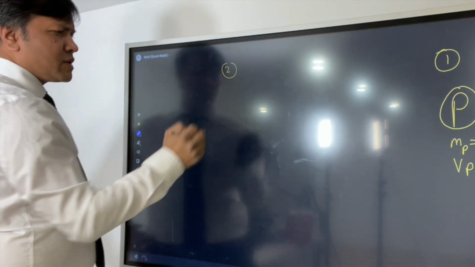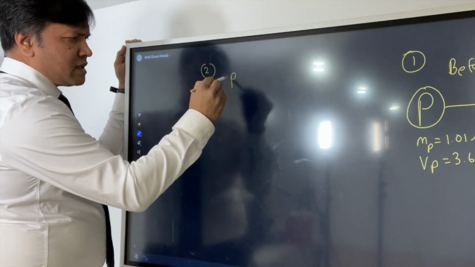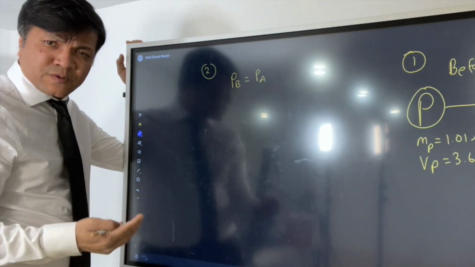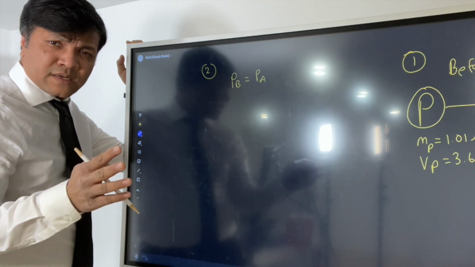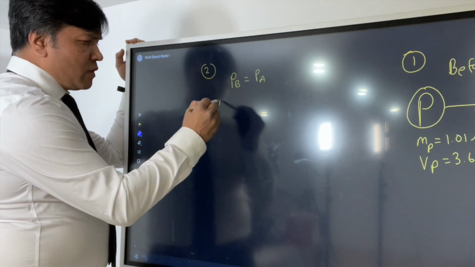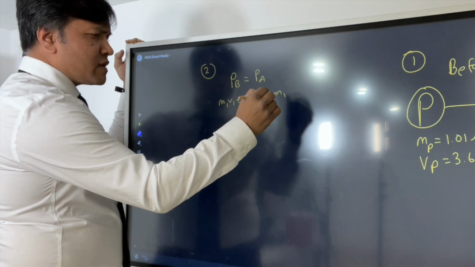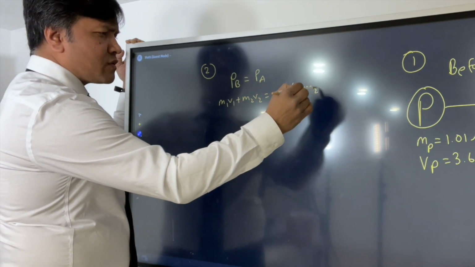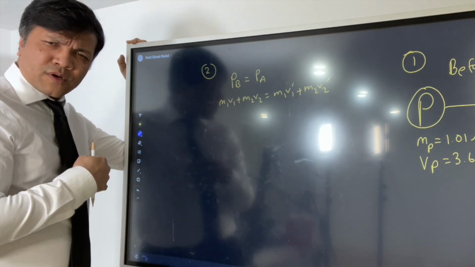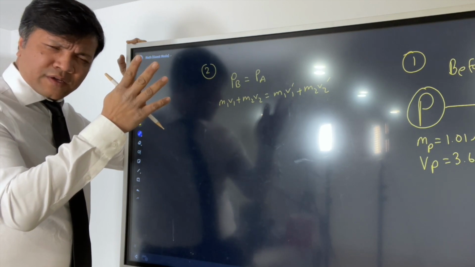Step number 2, what we're going to do is write momentum before is equal to momentum after, because momentum is conserved. I hope you understand the conservation of momentum. So m1 v1 plus m2 v2 is equal to m1 v1 prime plus m2 v2 prime. So I'm going to bring all the m1 v1 to the left side and send all the m2 v2 to the right side.